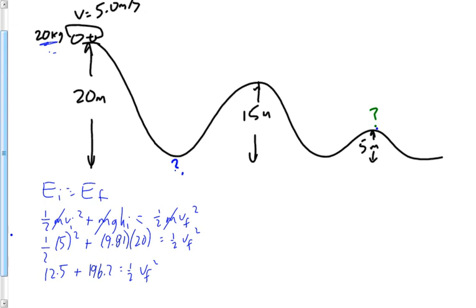And the square root of 417.4 is going to be somewhere in the range of 21 meters per second. Let me find that, but we're going to get something like 21 meters per second there. Is that okay?